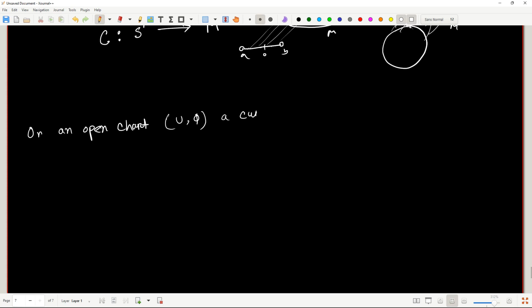A curve, let's call it C of t, where t is some parameter, has coordinate representations in the following manner.